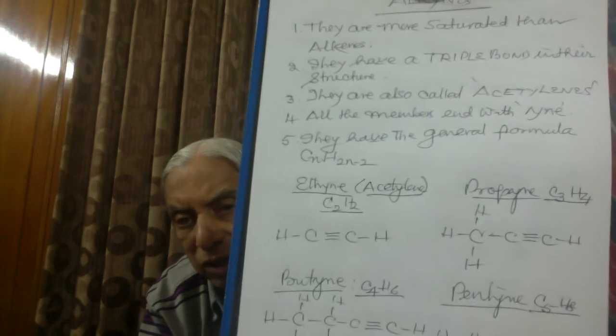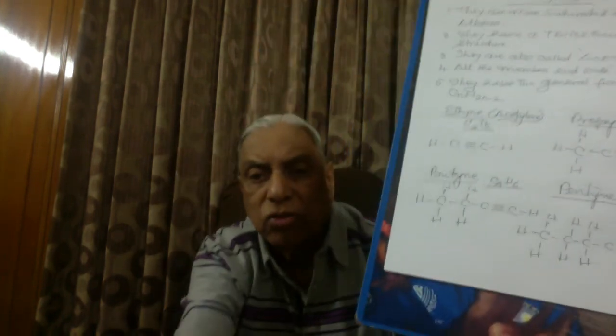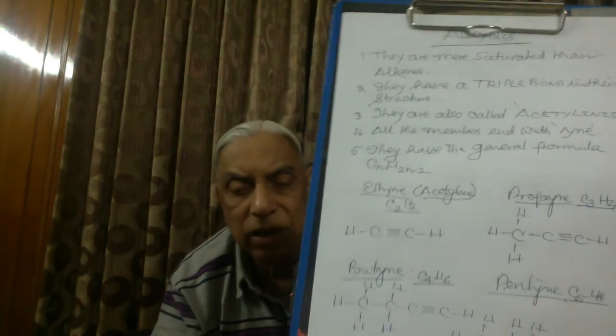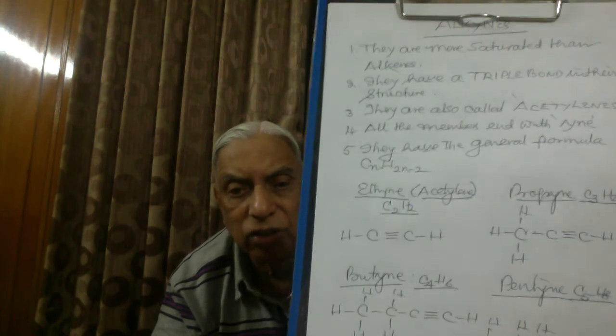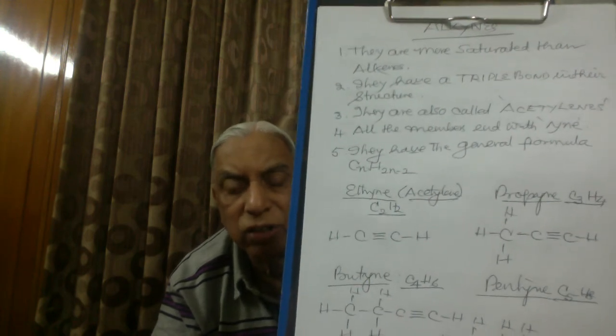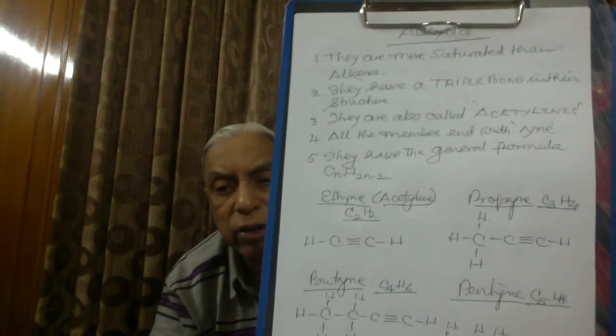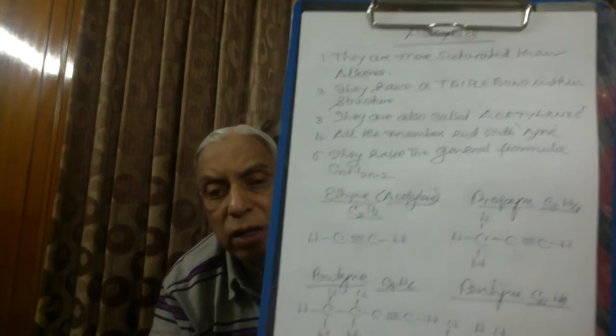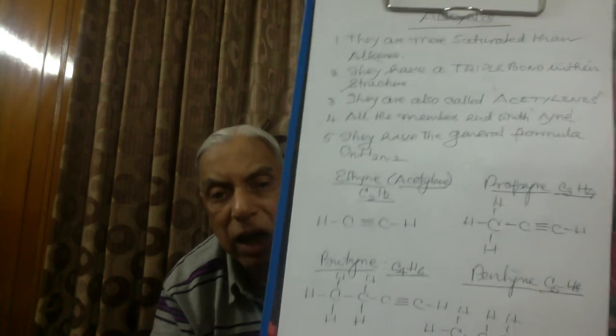Now I have written structures there. The first one is ethyne. Ethyne means you must understand that it is acetylene. The structure is C triple bond C. You can see the shortage of 4 hydrogen atoms. For those 2 carbon atoms, at the top you find unpaired electrons.